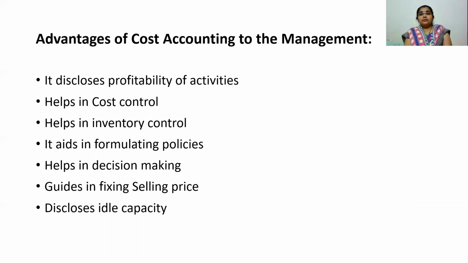It also helps in decision making, and it guides the fixation of selling price of particular products produced in the organization, and it discloses the idle capacity of the company. These are some important advantages of cost accounting to the management.